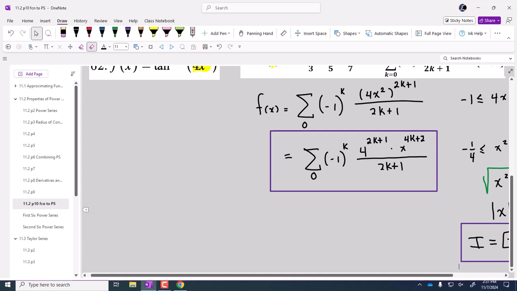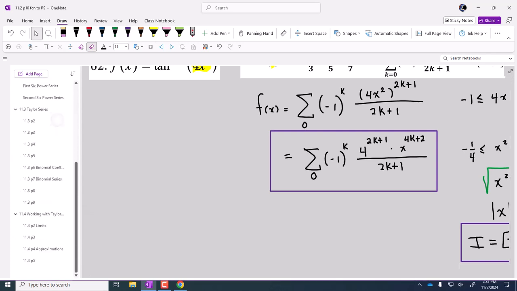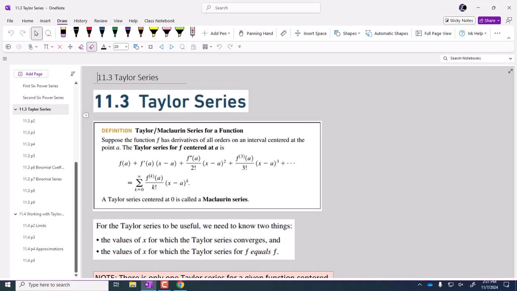Okay, so let's go to Taylor series. So we've talked a ton about Taylor polynomials, and we just got through talking about power series. Now we're going to talk about Taylor series, which are a type of power series. So when you hear the expression power series, you're thinking of a long polynomial that's never ending.